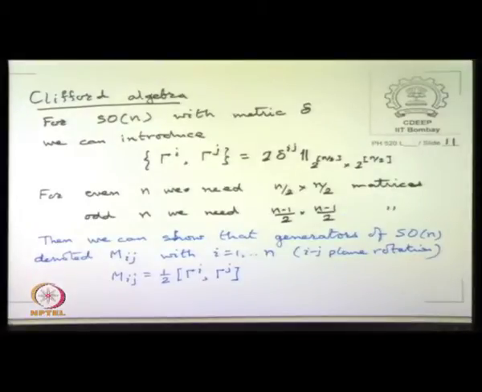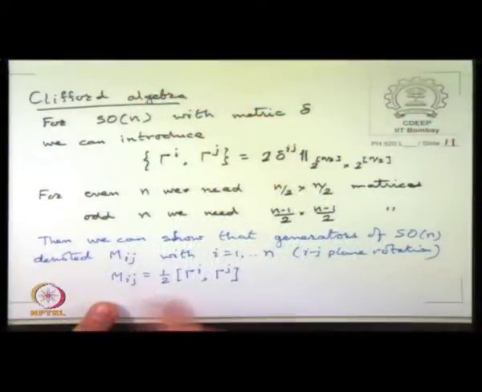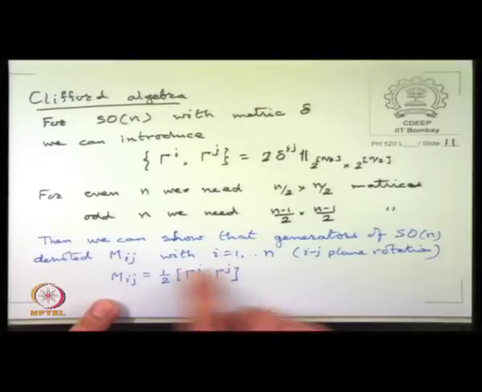So how do we show this? Well, the statement is that you know the basic algebra of the gammas. You assemble the Mij out of these as products. So this commutator makes sure that you don't get any ii. Okay, you only have 01, 02, but you don't have 00. This commutator will obviate that.